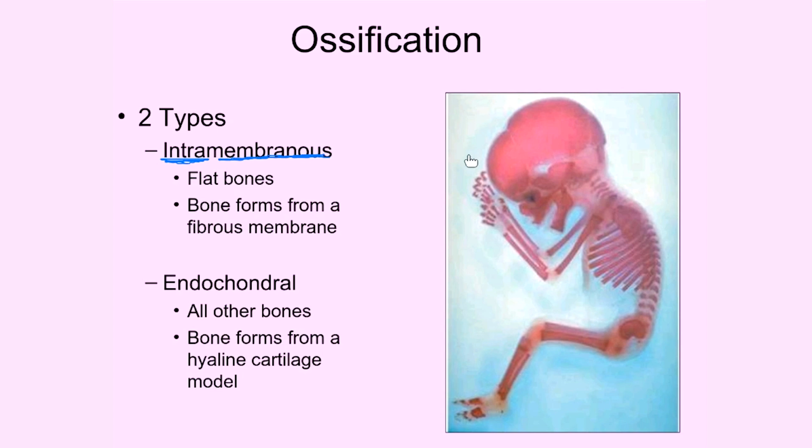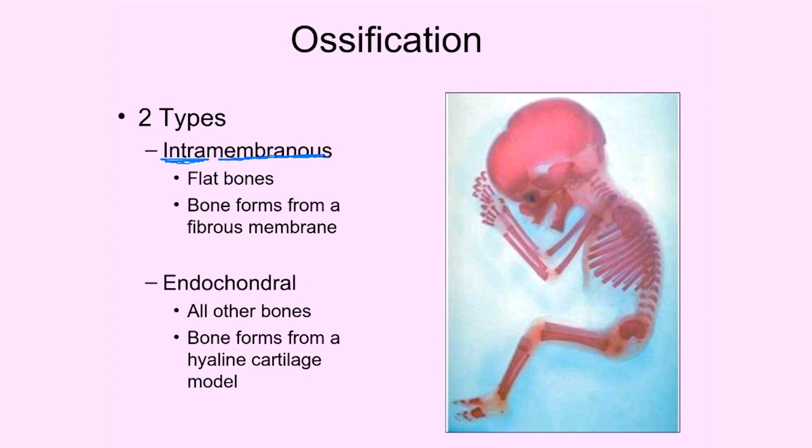If you look at this picture over here and you actually look at the fetus and the skull that's forming, you'll notice that we have these different areas that at one point were just a fibrous membrane, and now they're kind of starting to harden into something that's more solid, which is bony tissue starting to form. You'll also notice that as part of the skull, we have big areas where it's still really just a fibrous membrane, and that intramembranous ossification has not yet occurred.